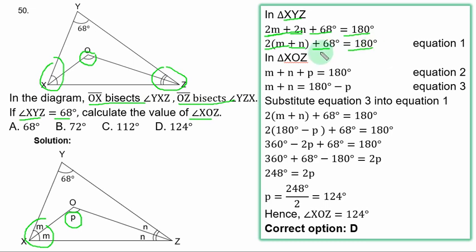In triangle SOZ, you just have M here. This M plus P plus this N is equal to 180.